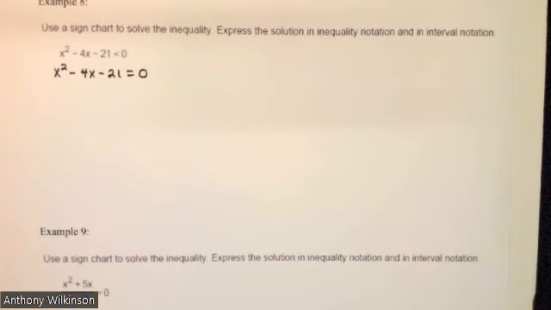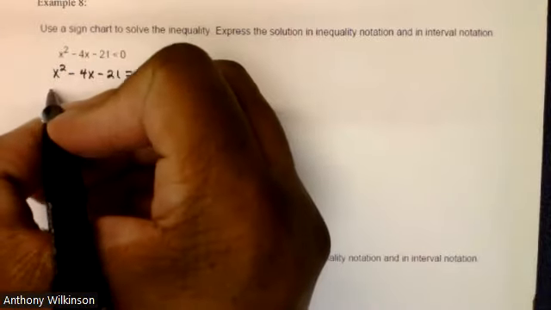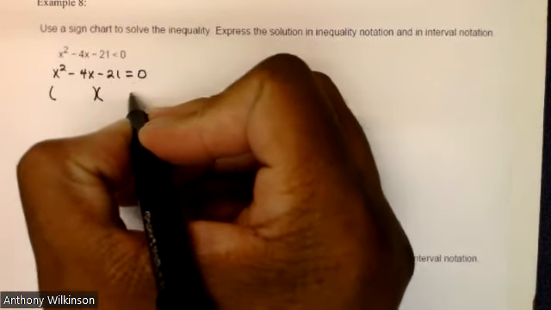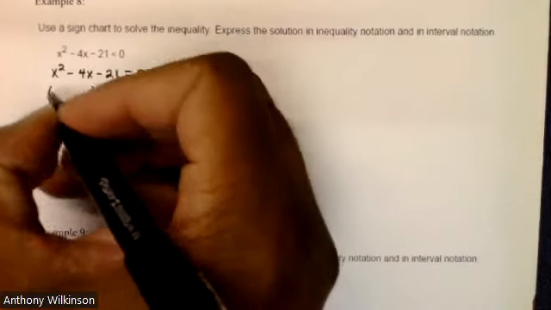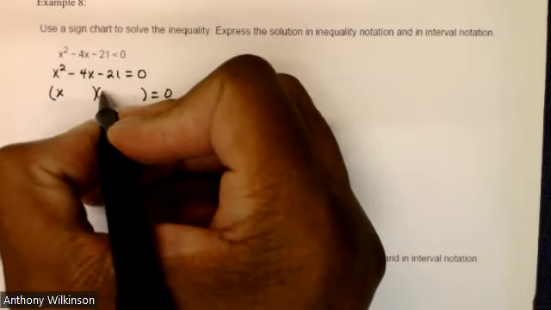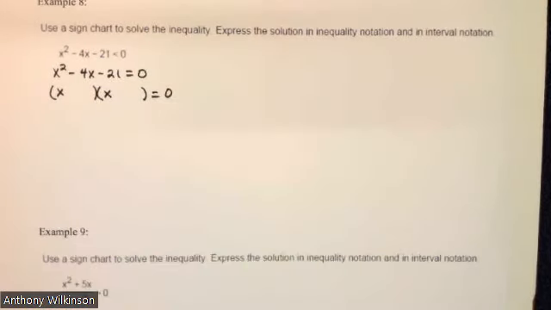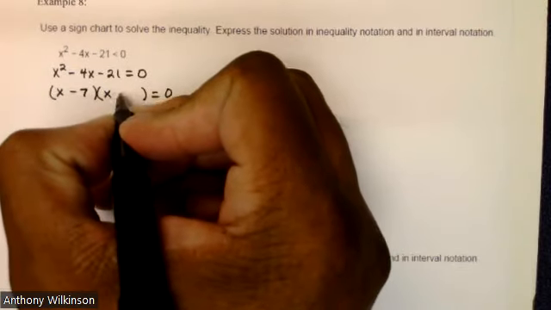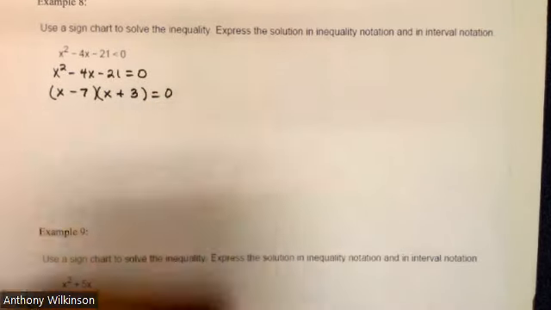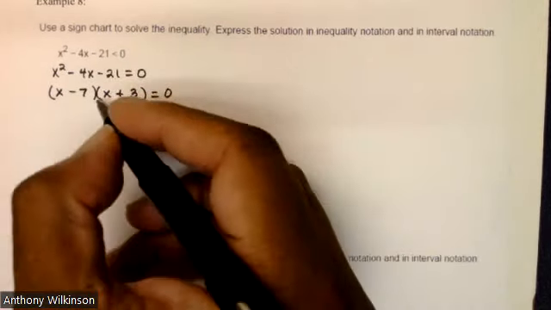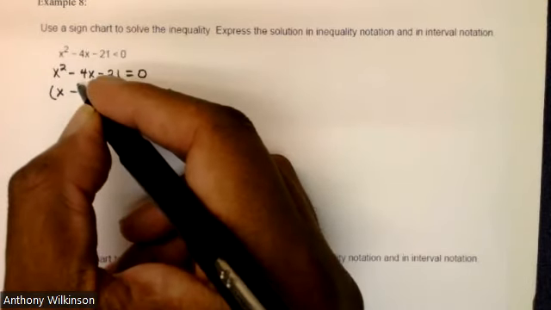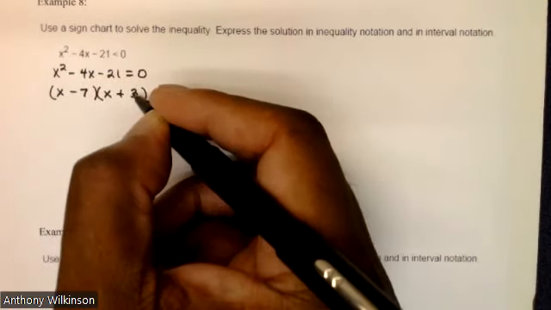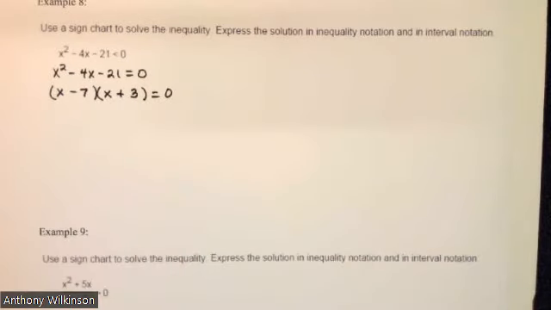Well, x squared minus 4x minus 21 can be factored into 2 binomials. I'm going to break x up as x and x, and factors of negative 21 that will give me negative 4x as a middle term will have to be minus 7 and plus 3. That's because negative 7x and plus 3x does give me negative 4x, and negative 7 times plus 3 will give me minus 21.